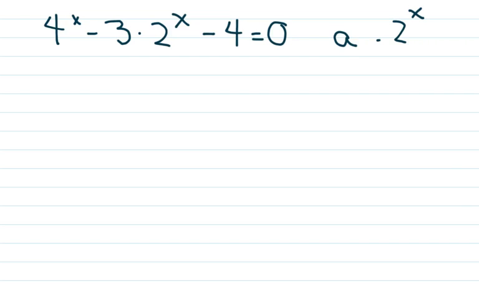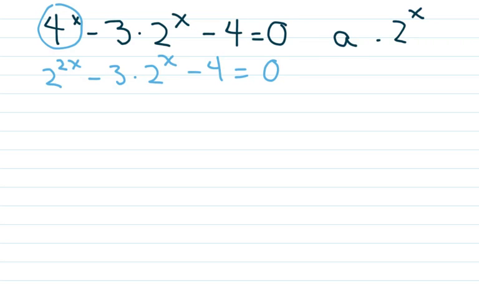And in this case, what I'm going to do is change this 4 to 2 squared. So that would be 2 to the 2x. I'll rewrite this real quick. So everywhere there's an x, I'm going to put a.